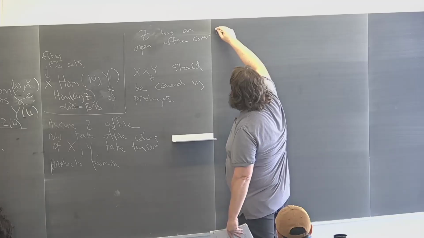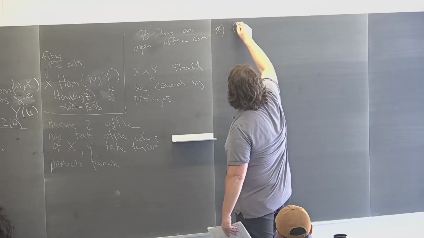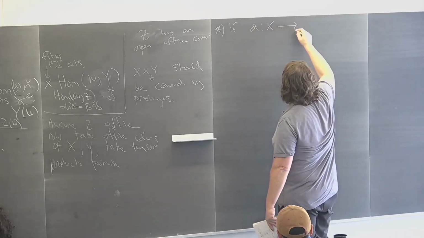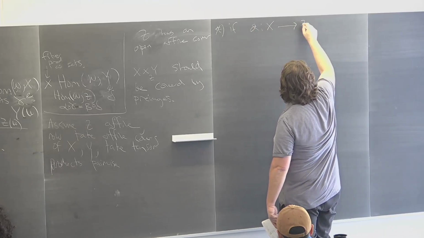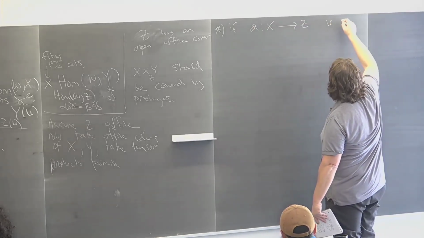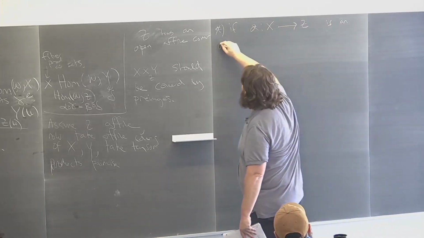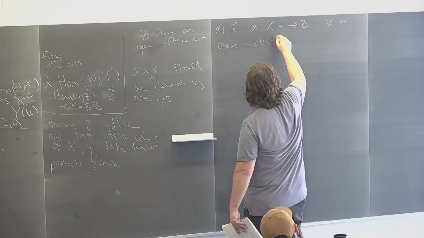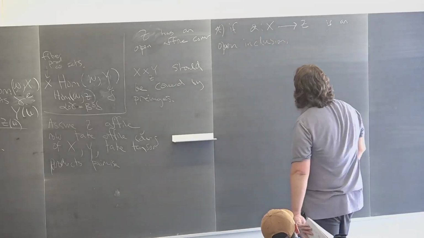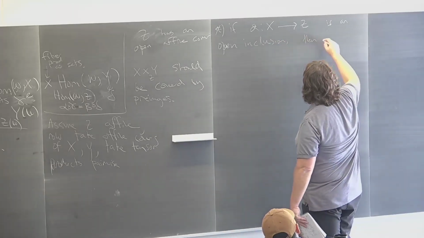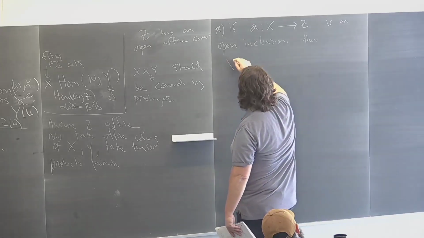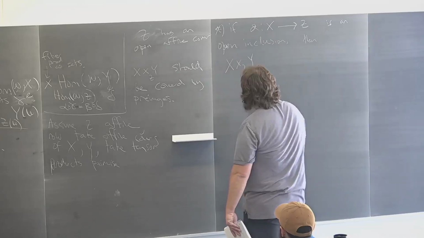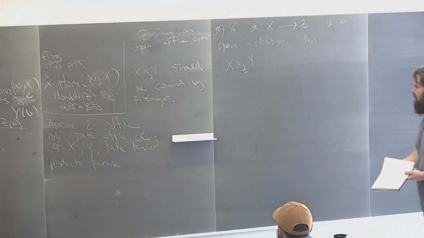So for example, if alpha from X to Z is an open inclusion, then what happens when I take the fiber product of X over Z with some Y?